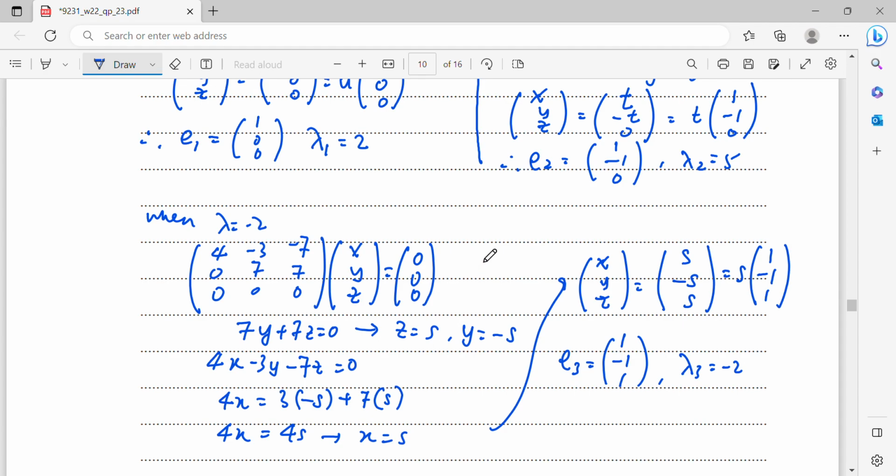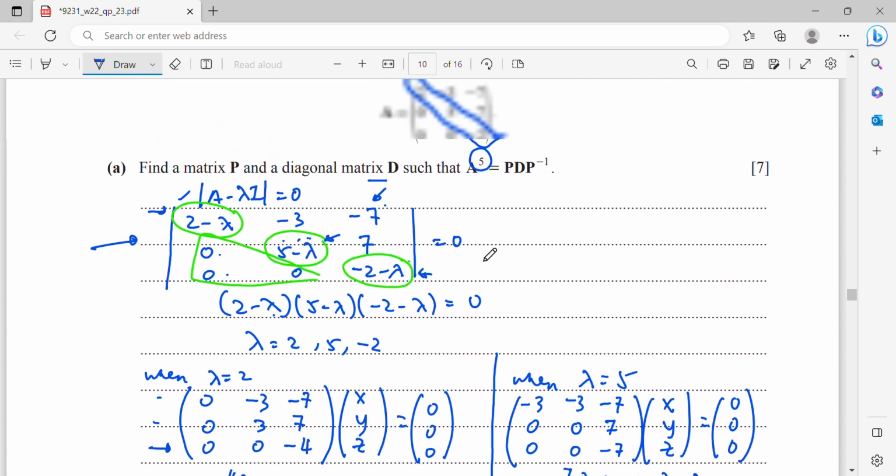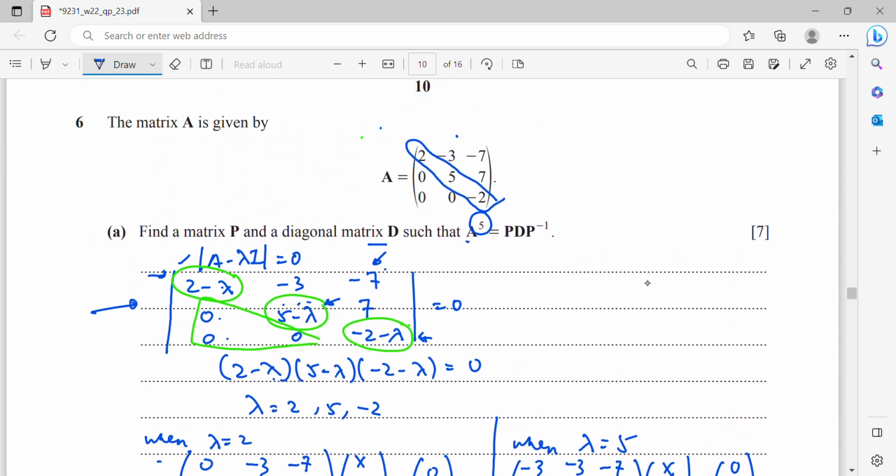Now, when you look at the question right now, this is not A, it is A degree 5. So basically, if A equals P D P inverse, this D will be the diagonal matrix that consists of the eigenvalues from A, and the P will be the matrix where each column is the corresponding eigenvector.